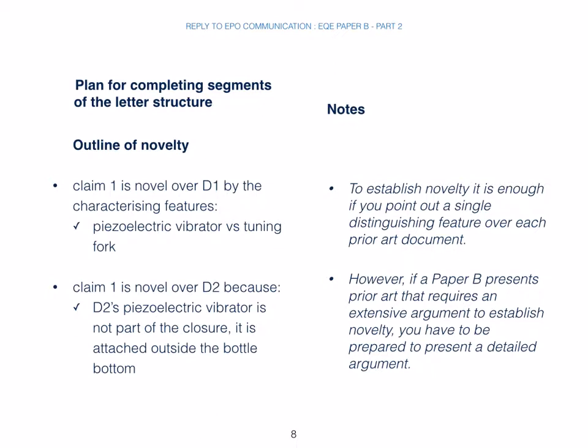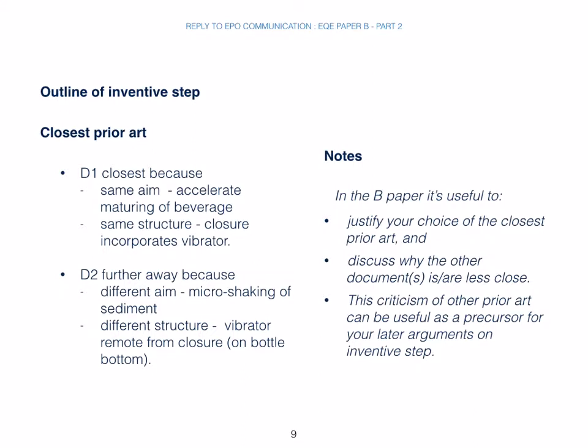Next, we turn to inventive step, starting with an identification of the closest prior art. And we must always give a reason for choice of the closest prior art.